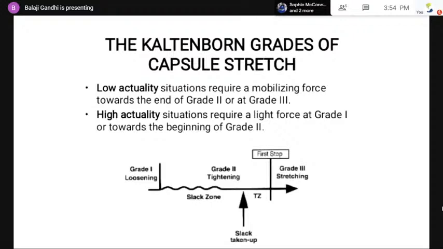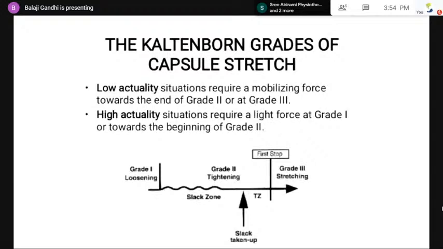Any soft tissue under the capsule should be in the loosening position. In the loosening state, you can apply the mobilization at grade 1.